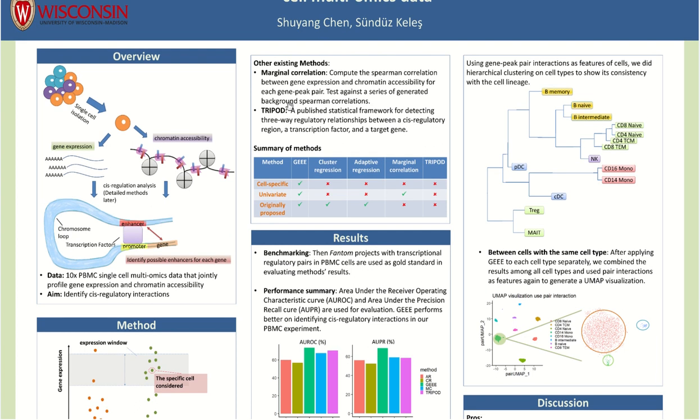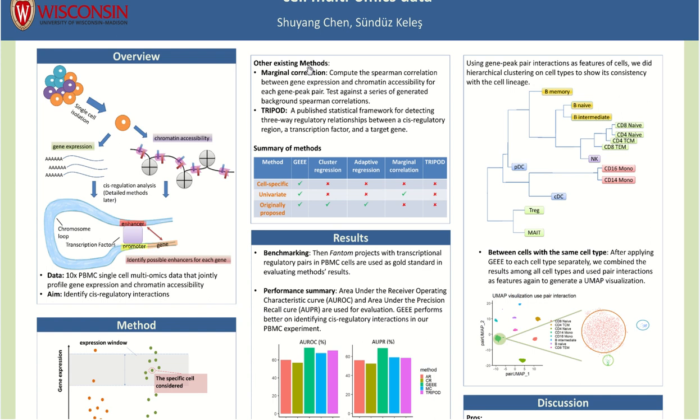And also for comparison, we considered some existing methods. The first one is the marginal correlation, where we compute the Spearman correlation between gene expression and chromatin accessibility for each gene peak pair, then test against a series of generated background Spearman correlations.